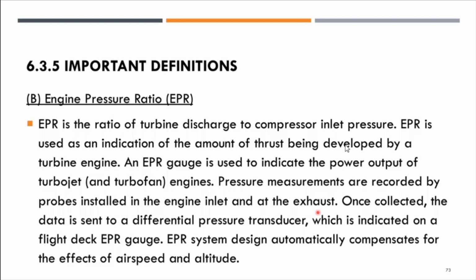And once collected, the data is sent to a differential pressure transducer, which is indicated on the flight deck EPR gauge, the engine pressure ratio gauge. The EPR system design automatically compensates for the effect of airspeed as well as the altitude.